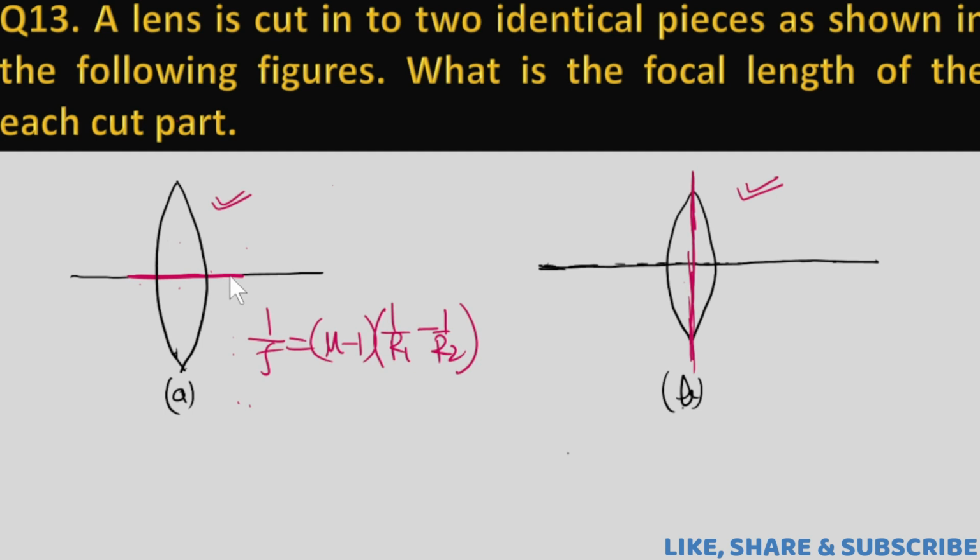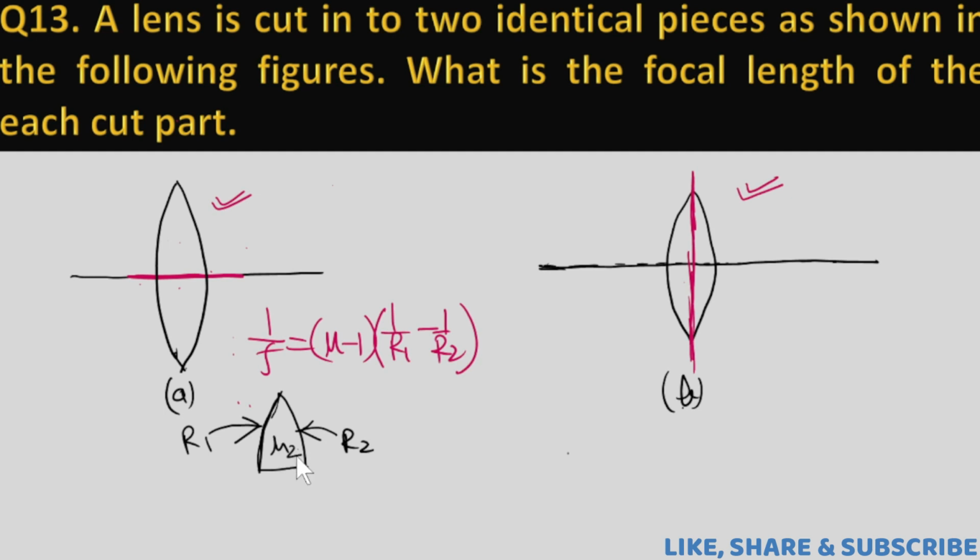When the lens is cut along the principal axis, then the upper half of the lens should look like this. If we see this carefully, we'll notice that in the act of cutting the lens, R1, the radius of curvature of the left face, does not change, and R2, the radius of curvature of the right side face, also remains unchanged.